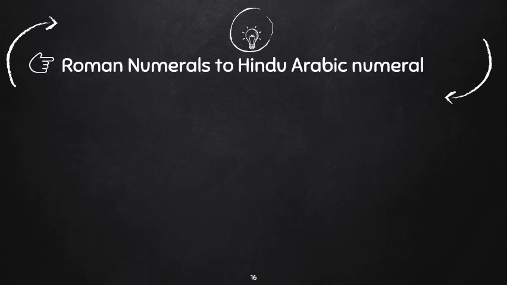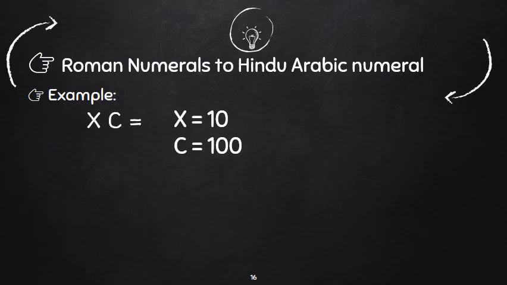Now let us convert Roman numerals to Hindu Arabic numerals. Let's see the first example. This is Roman numeral XC. So how are you going to convert it to a Hindu Arabic numeral? You know the value of Roman numeral X is 10 and the value of Roman numeral C is 100.